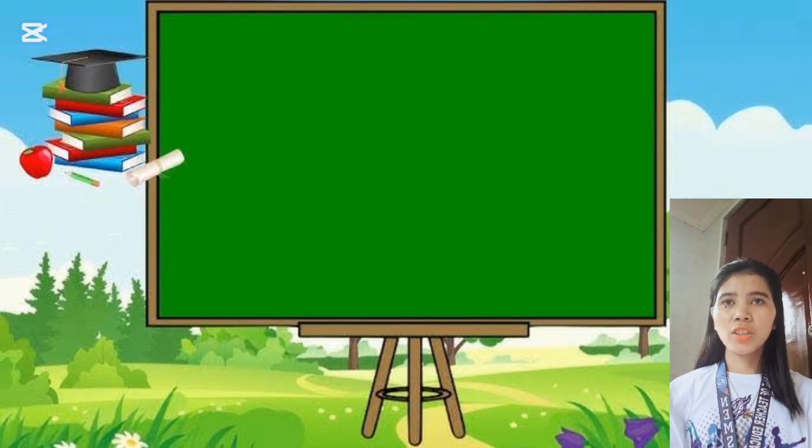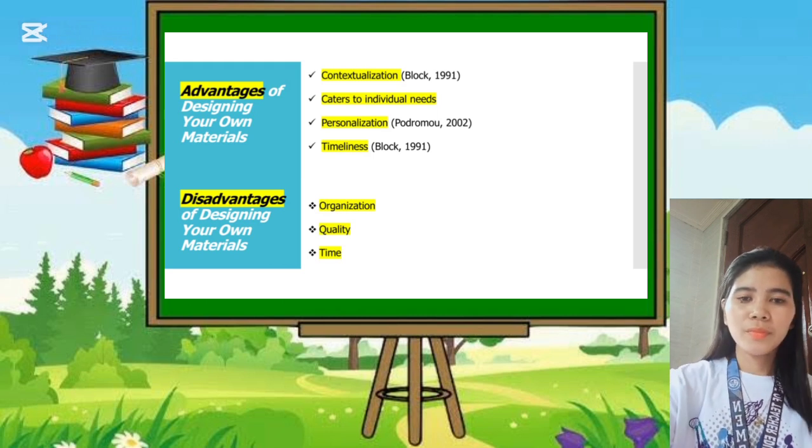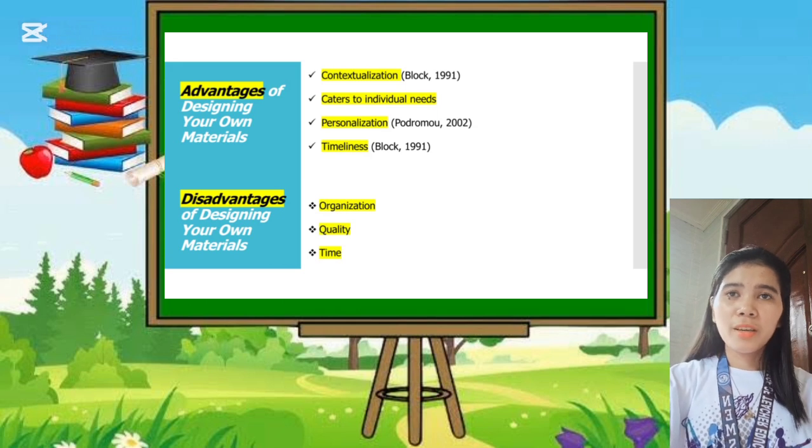So the advantages of designing your own materials is that there is contextualization. It also caters to individual needs. It is personal and timely. And also the disadvantages are the organization, quality, and time.